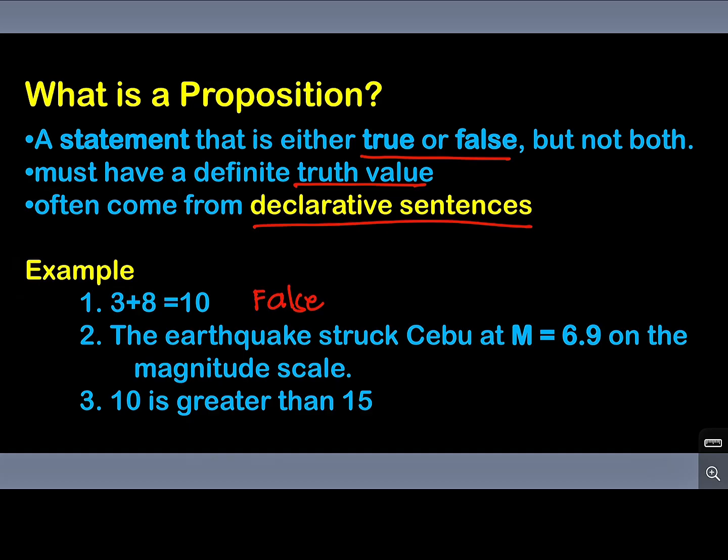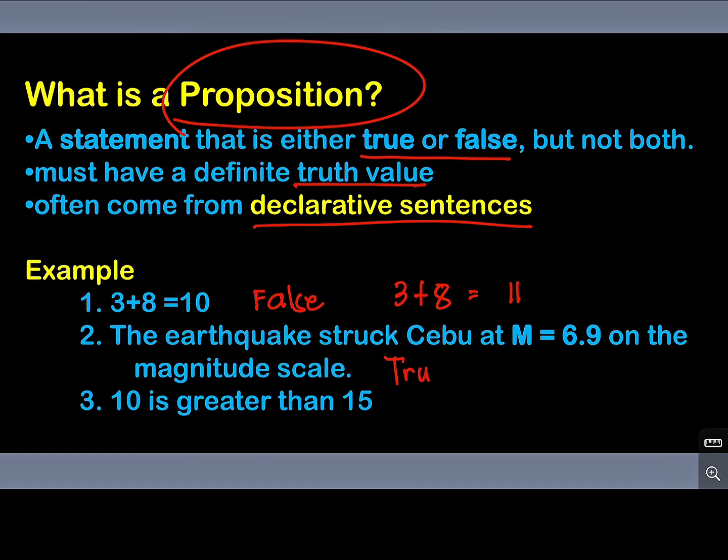3 plus 8 equals 10. For this equation, the answer is false because 3 plus 8 equals 11. Though the answer is 10, it is still considered a proposition because we can identify the truth value, which is false.